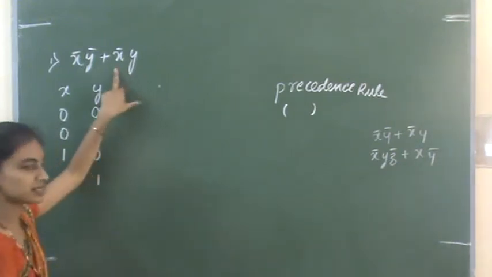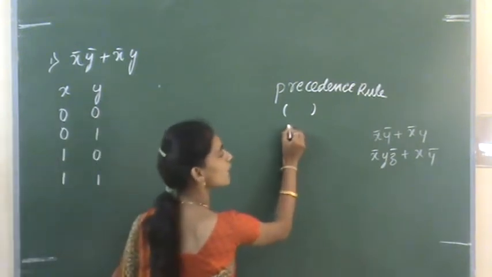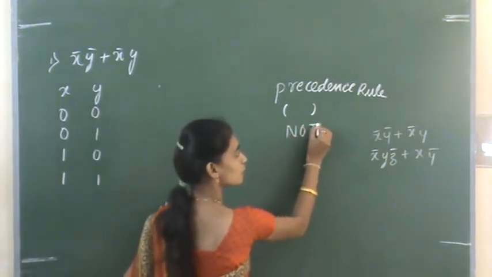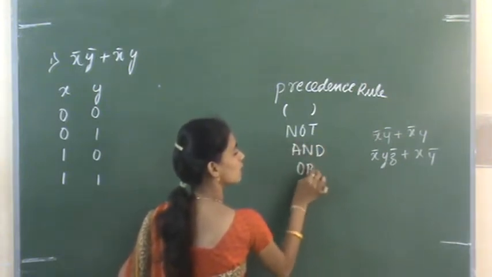Is there any parenthesis in this expression? No, so go for the next. The next precedence or priority is for the not operator, then the and operator, and then the or operator, right?